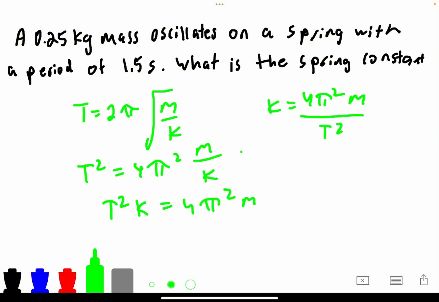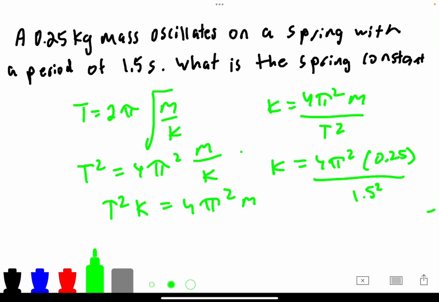And then we can plug all those values back. So 4 pi squared, the mass is 0.25 kilograms, all over 1.5 squared. Let me just plug it in to see.